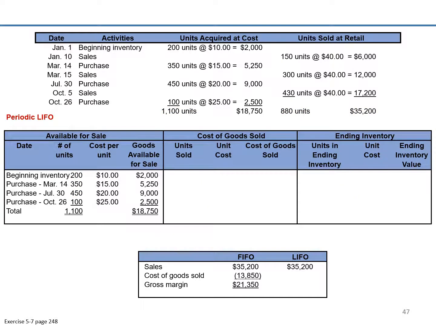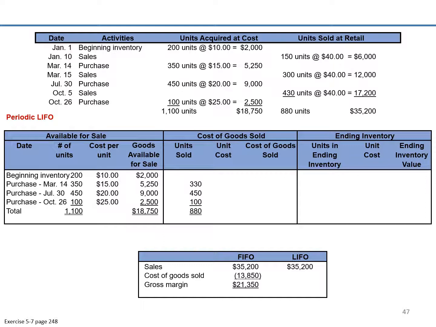So if we look at the same problem under the LIFO method, we know we sold 880 units. So under LIFO, we're going to sell the last units in first. So we're going to sell all 100 from October 26th, all 450 from July 30th. So that's 550. So we need another 330 to get to 880.